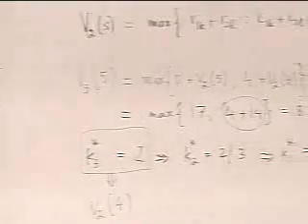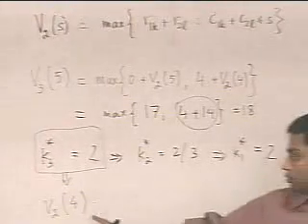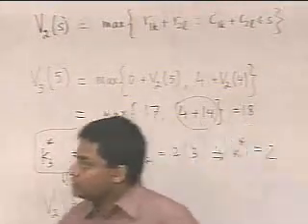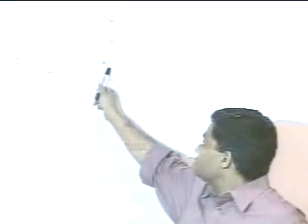So what is the best thing to do for plant 2 when you have $4 million available? You look at this answer. The best thing to do is select 2 or 3. So from here you end up getting that K2 star should be equal to 2 or 3.